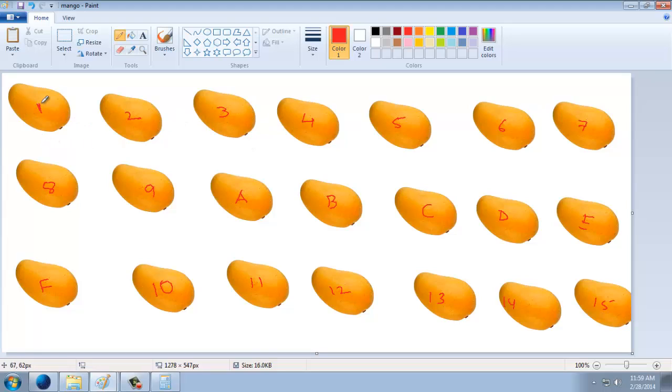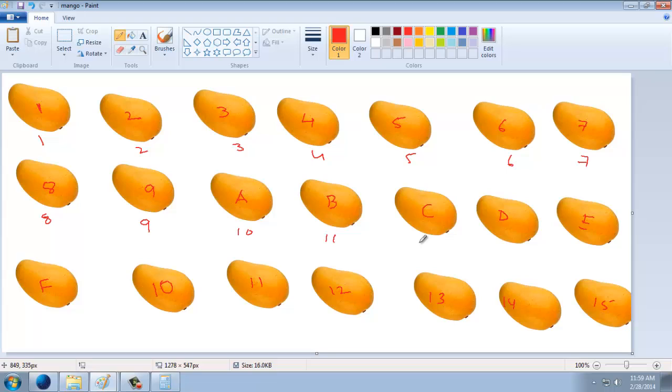The numbers which I wrote over the mangoes are hexadecimal numbers. The corresponding decimals I will write here. 1 is 1 only, 2 is 2, 3 is 3, 4 is 4, 5 is 5, 6 is 6, 7 is 7, 8 is also the same in decimal, 8, 9, and A. In decimal we don't use A, we will use 10 here.